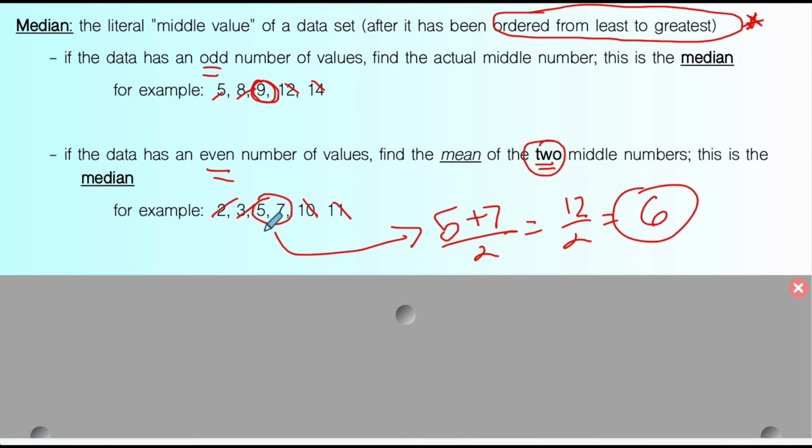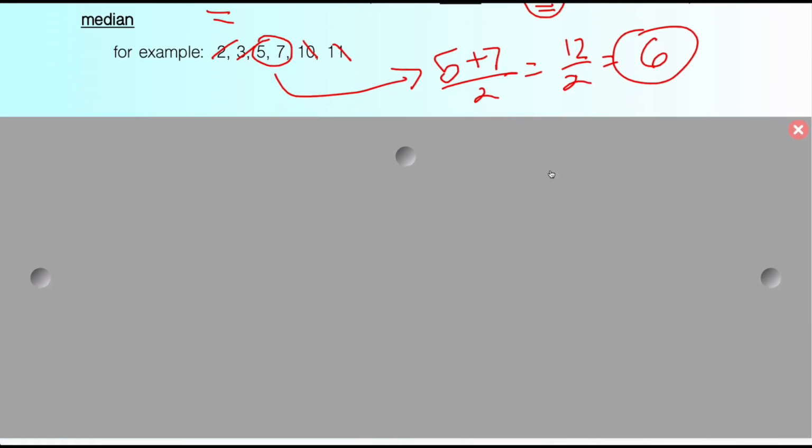And I found that by taking the two middle numbers, adding them up, and dividing by 2. And that's median. Median can find you the actual middle number. Just pay attention if it's even or odd, and also make sure you order your data set first from least to greatest.